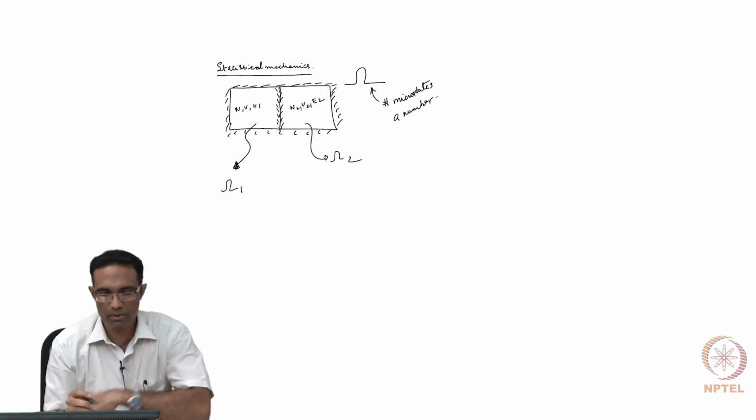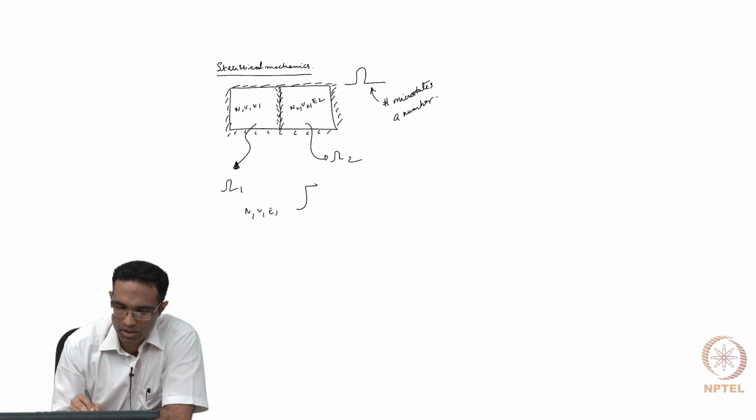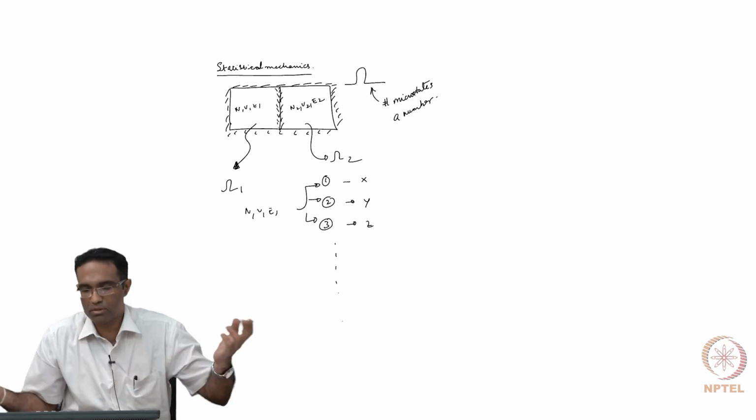For example, N1, V1, E1 may be reached in one particular microstate in say X ways, another microstate in Y ways, maybe another microstate in Z number of ways, and so on, until a very large number of possibilities exist.